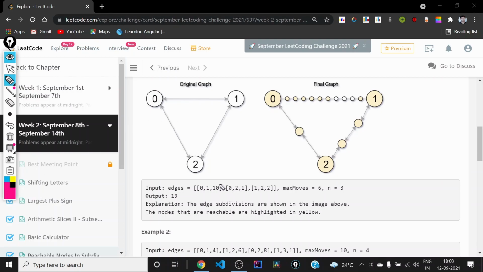Basically, since this quantity is 10, there will be 10 nodes inserted in this edge, and these 10 nodes will divide this edge into 11 parts. Similarly, between 0 and 2, we have to insert one node, and this will divide it into 2 edges.